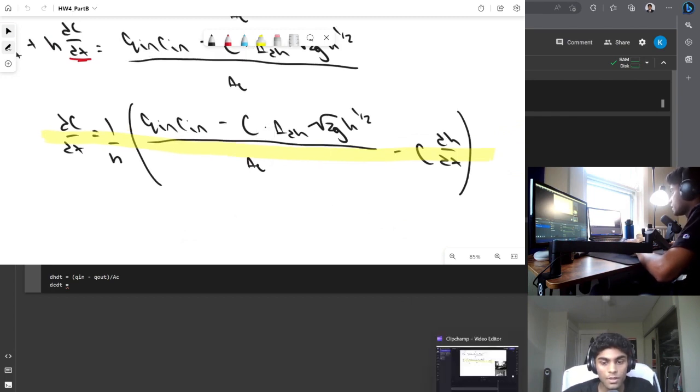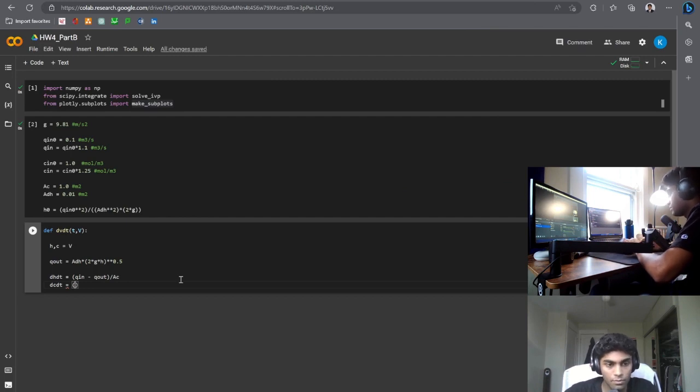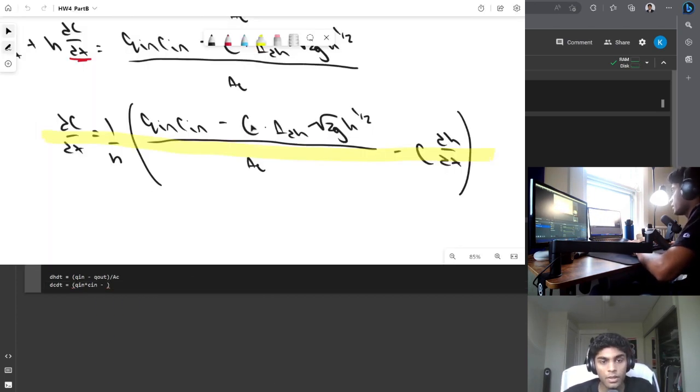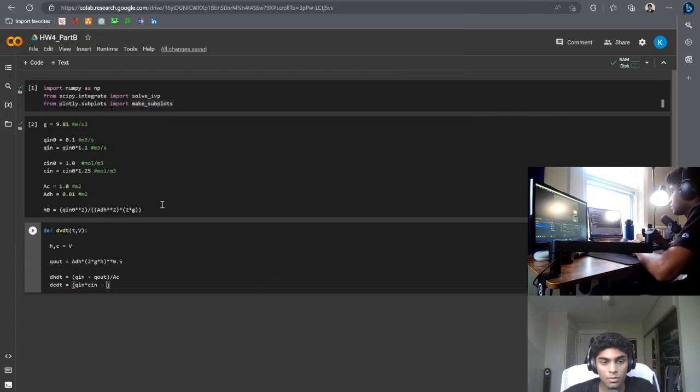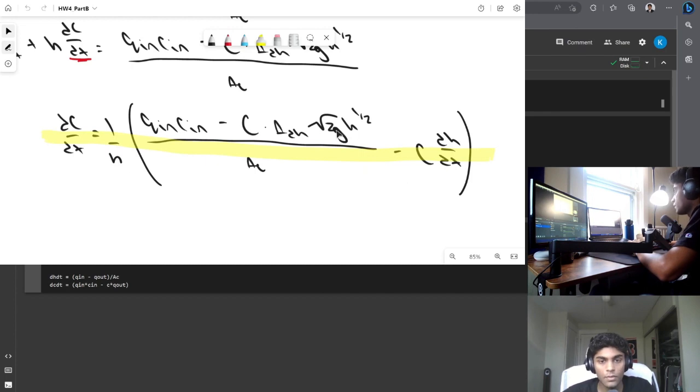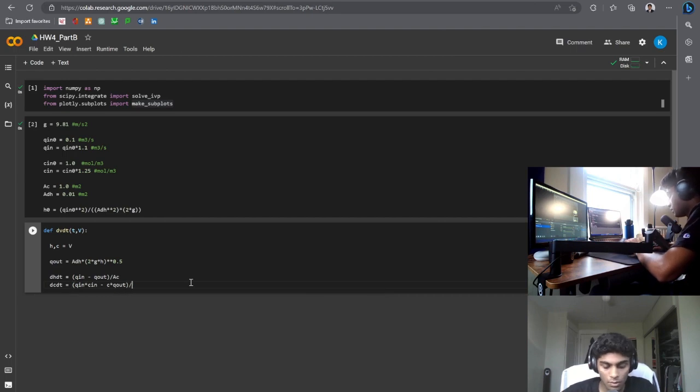Let's start inside here. So Q in times C in minus what looks to be the concentration of the tank times the outflow, so C times Q out, all over AC.